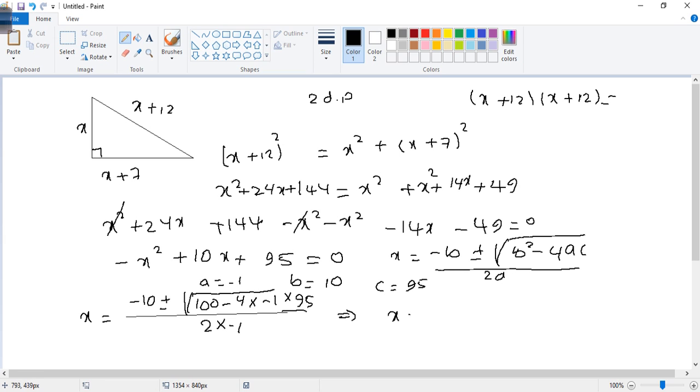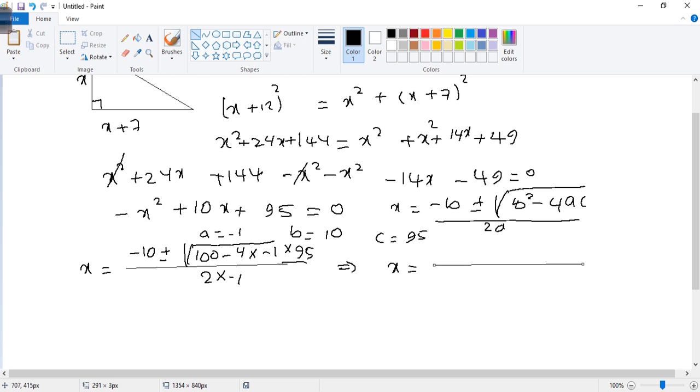That will lead to x equals minus 10 plus minus square root of 100, 4 times minus 1 is minus, so minus minus is plus. It will be 100 plus 4 times 95: 4 times 5 is 20, 0 carry 2, 4 times 9 is 36, and 2, it will be 38, divided by minus 2.